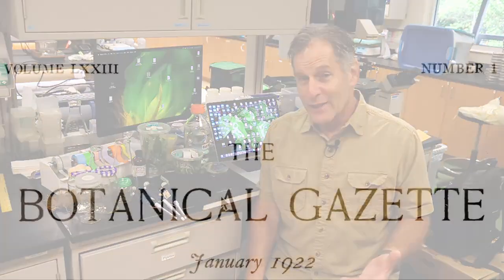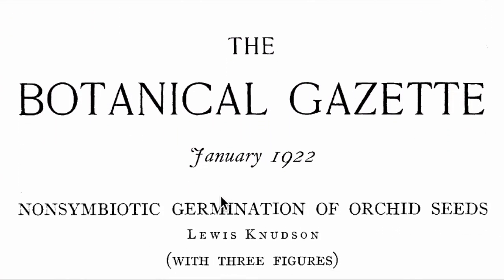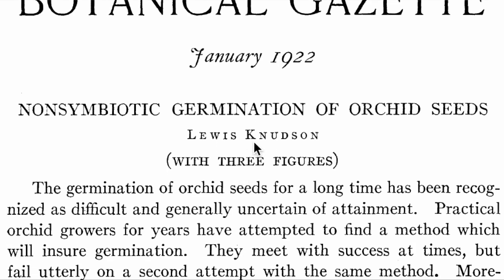But in the 1920s, there was an effort in the U.S. by Knudsen to establish a medium where orchids could grow without the mycorrhizae. And I looked at the paper that Knudsen published, I think in 1922, and it was a great paper.